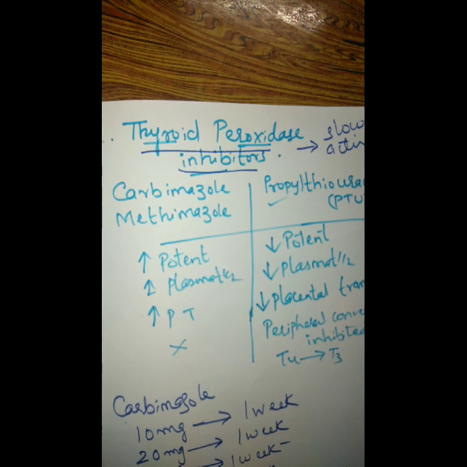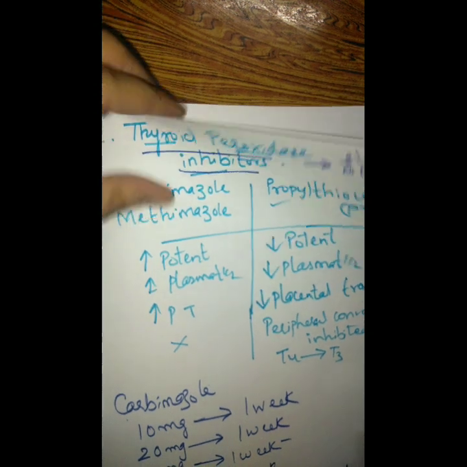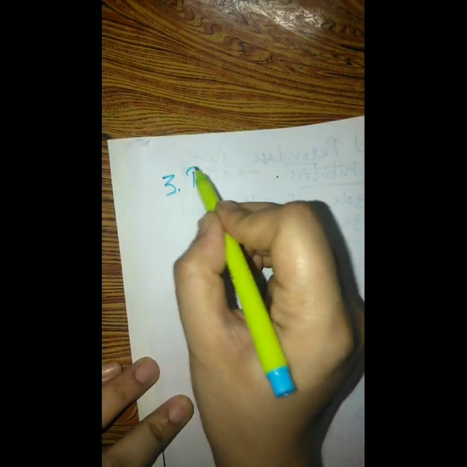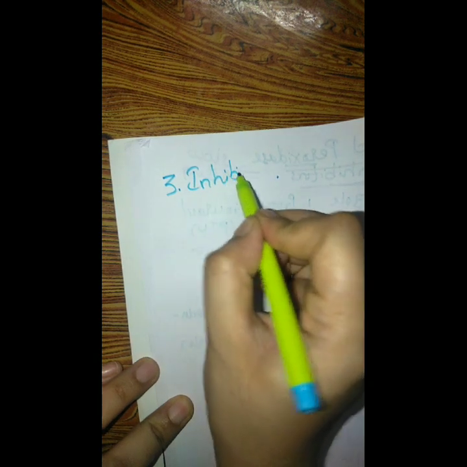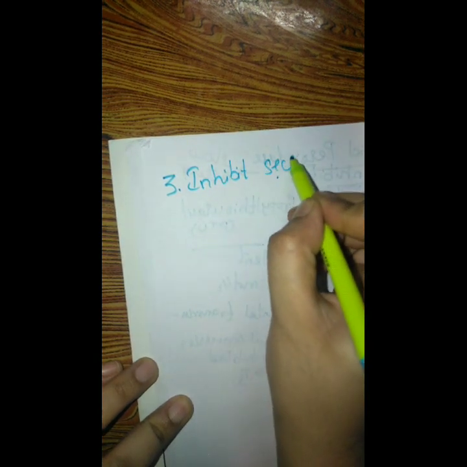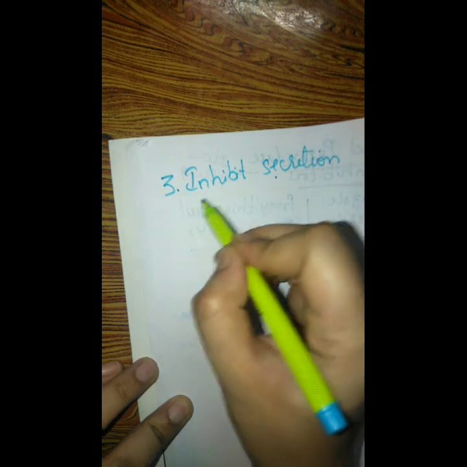Next we'll see our third mechanism by which we can treat hyperthyroidism, and the third mechanism is by inhibiting the secretion. So these are the agents which mainly inhibit the secretion or the release of the thyroid hormone. So you can say these are the agents which are fast acting.